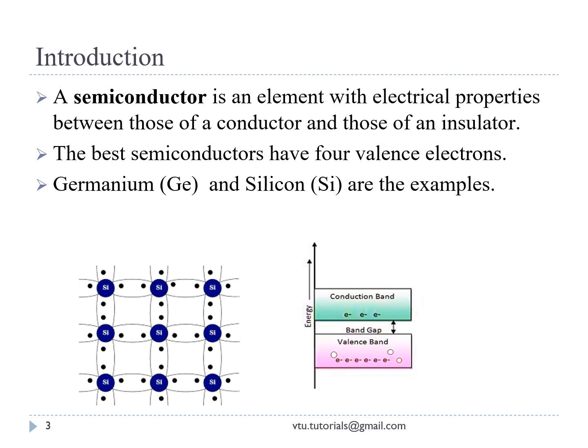Here you can see the figure which shows the atom of a semiconductor. Some examples are germanium and silicon. If we consider a silicon atom, it has 4 valence electrons.